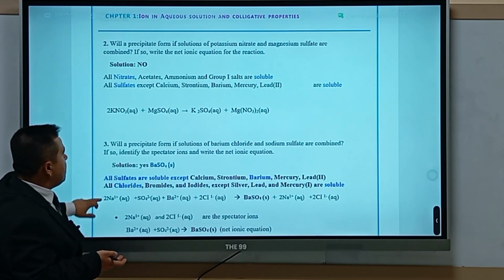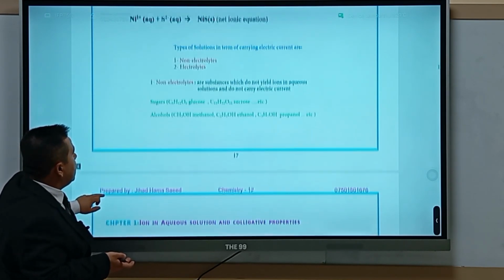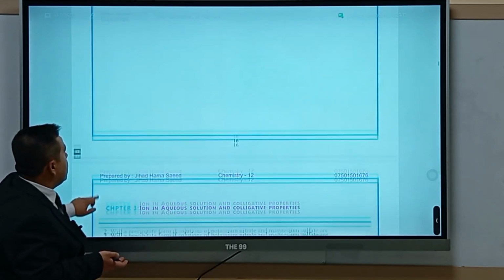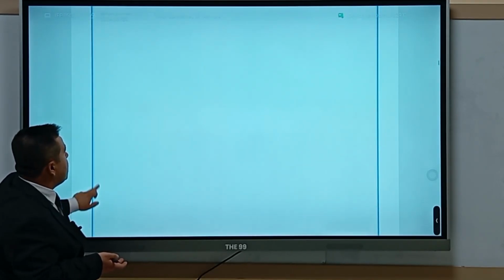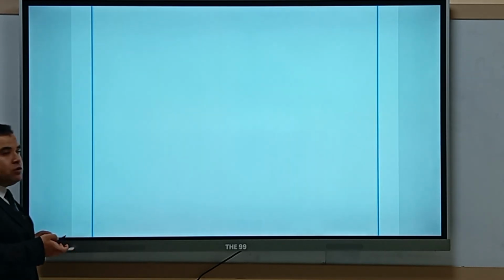Here we have several examples for the solutions. I will be explaining the 3 types of reactions between salts.